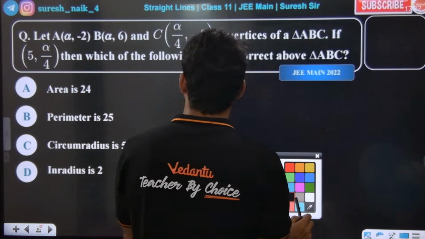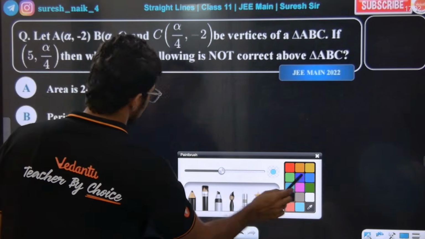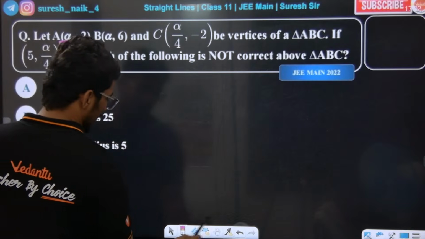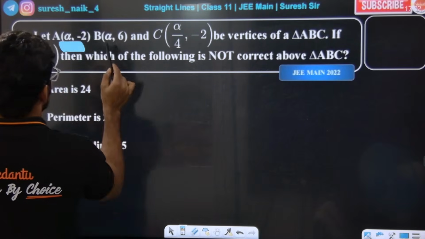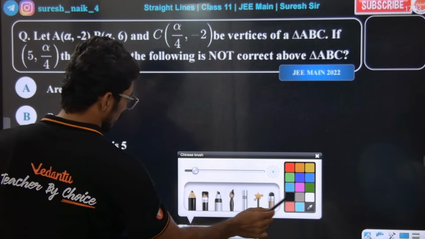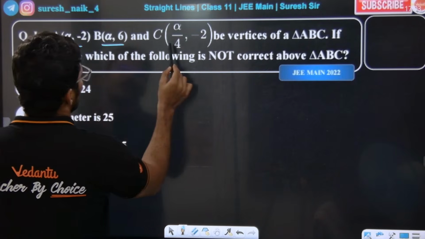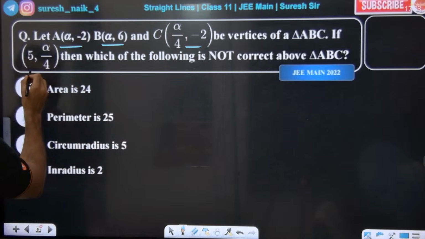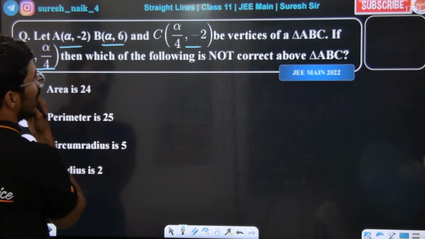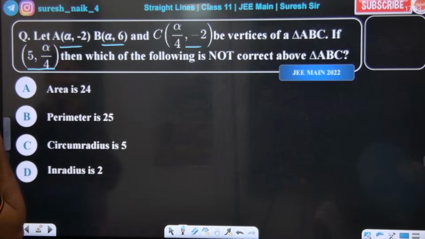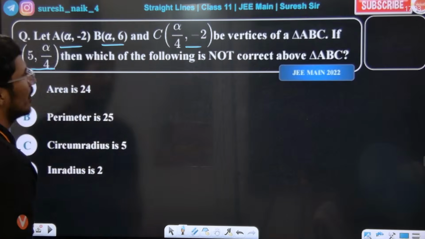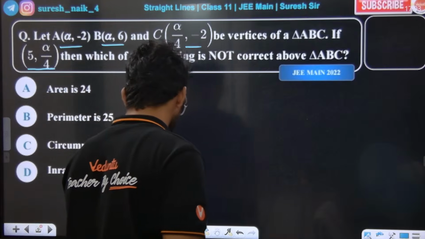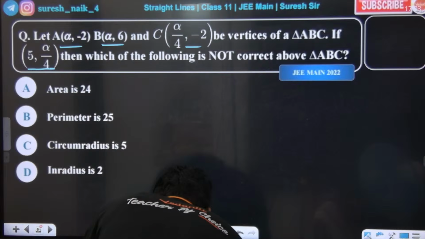First, a vertex A is given to us. Let A, B and C be the vertices of triangle ABC. Which of the following is not correct? If the midpoint of the hypotenuse, guys, listen to the class, everyone. What they have given here?